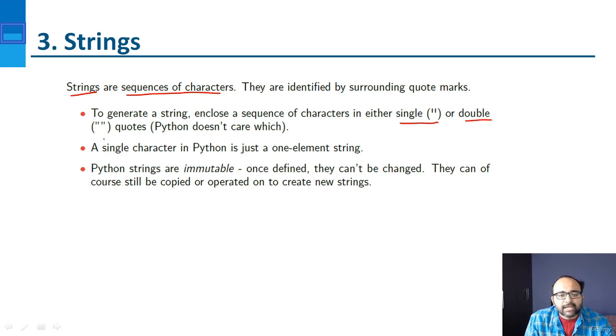And if you consider a single character, it is considered as one element string. And also remember, this is very important. Python strings are immutable. It means you cannot change them.